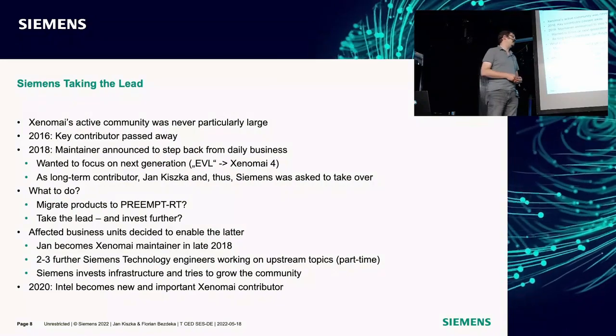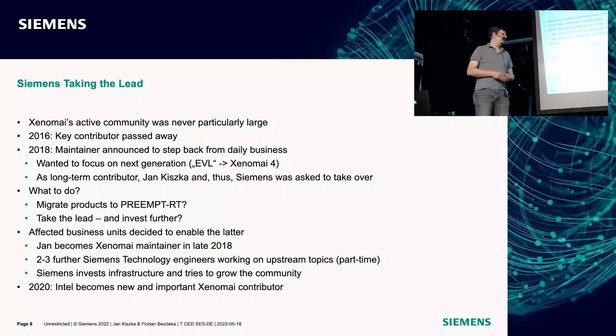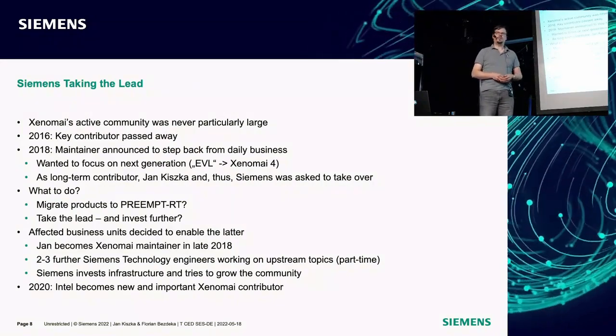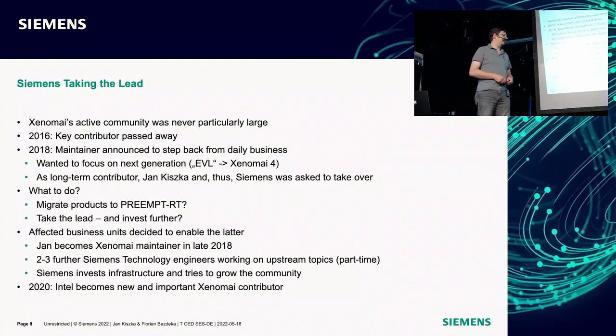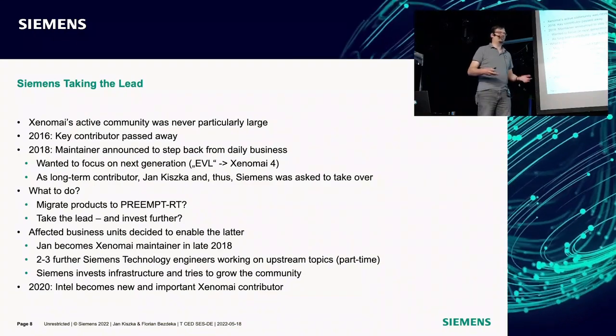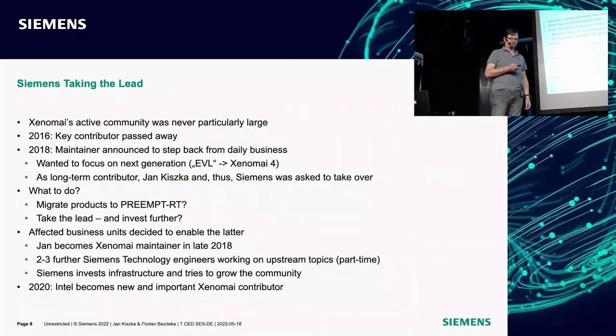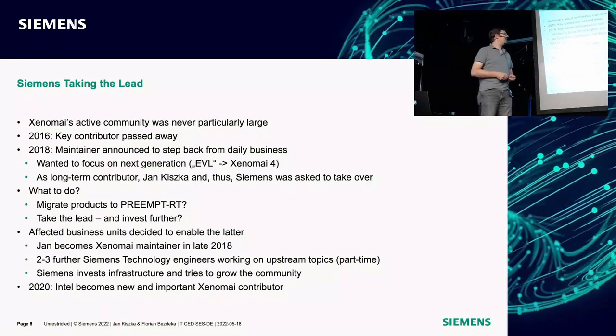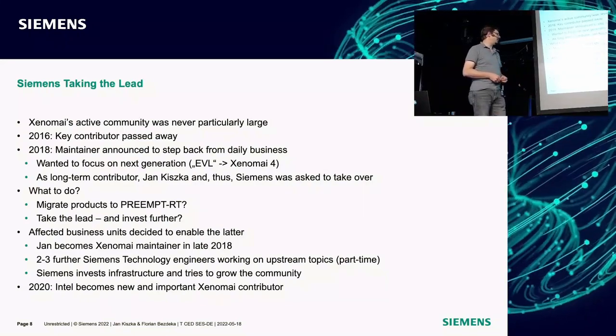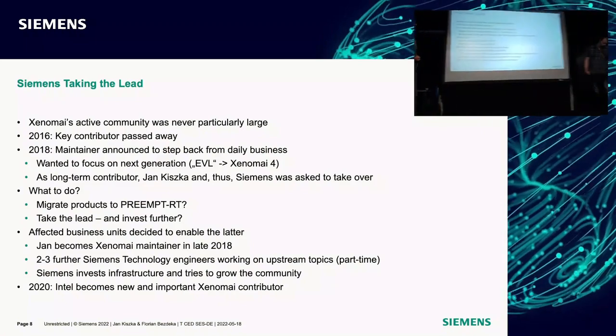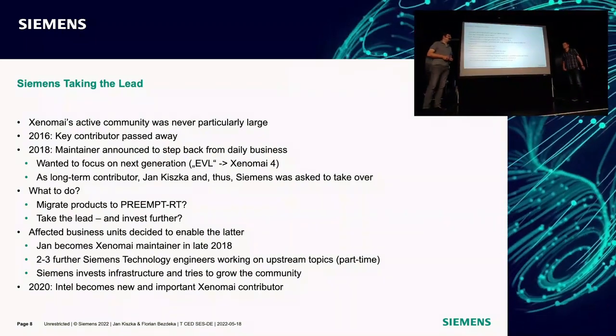As I mentioned already, you can see next week an Intel-organized community meetup of the Xenomai project. They also brought this energy into the project, so very valuable. So with that, I would now hand over to Florian to talk a little bit more about further activities we had in the past years on the project.